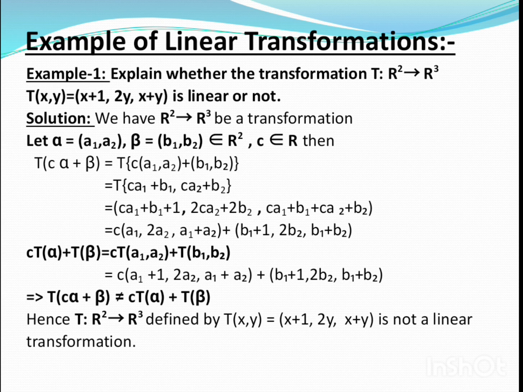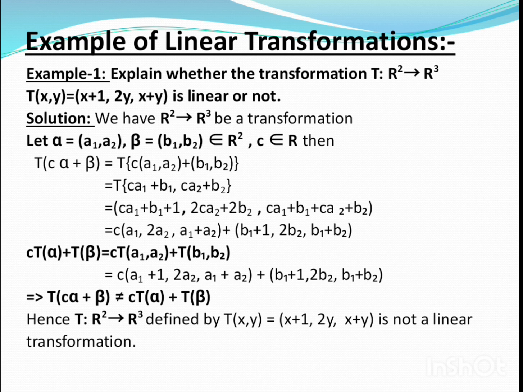Now collect the coefficients: c a1 plus b1 plus 1, 2 c a2 plus 2 b2, and c a1 plus b1 plus c a2 plus b2. Now taking out the common c from the c multiplied coefficients, it will be c common a1, 2 a2, a1 plus a2. The remaining will be b1 plus 1, 2 b2, b1 plus b2.